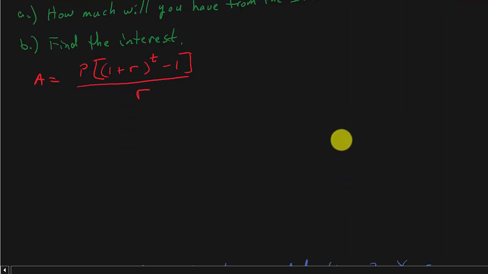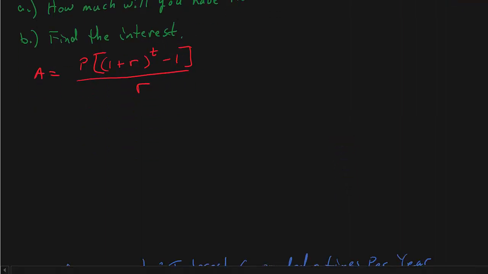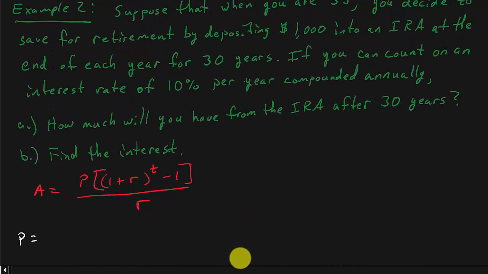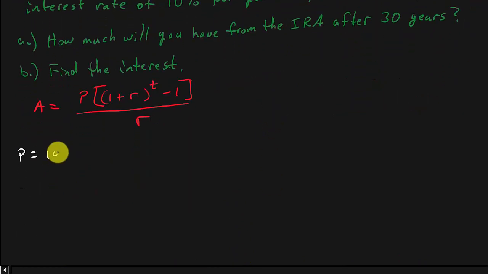Okay. So there's our formula. So what we need to do is we need to know what P is, R, and T. Okay. So in this problem, well, P, that's our deposits at the end of each year, which is 1,000. Okay.